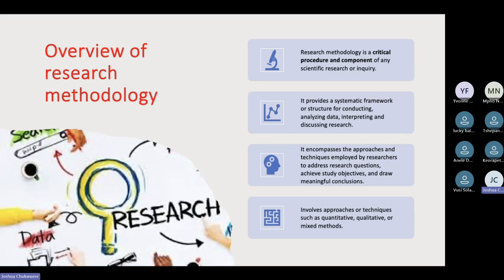It has a process, and that process assists you to collect the necessary data, analyze it, interpret it, and discuss it, which assists you to answer your research questions and, in turn, achieve your research objectives, which automatically leads you to drawing conclusions and then making recommendations. So you can see that every one of them is interlinked. Your topic, your problem statement, your objective, your research methodology, they are all interlinked.